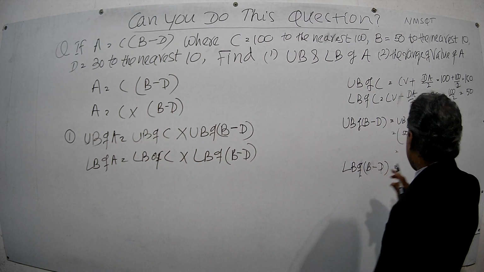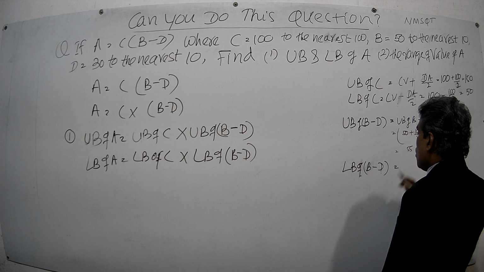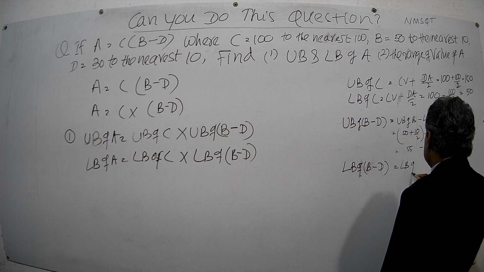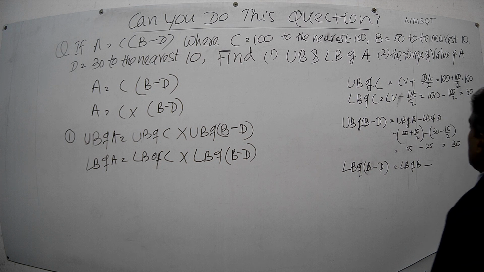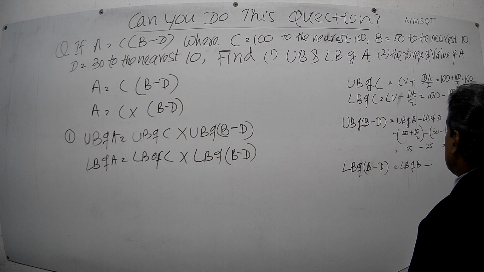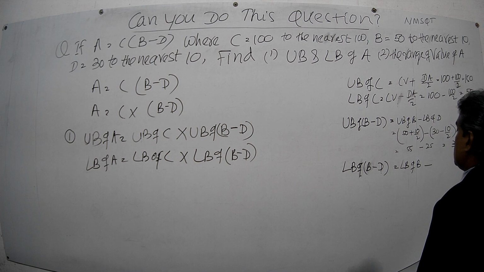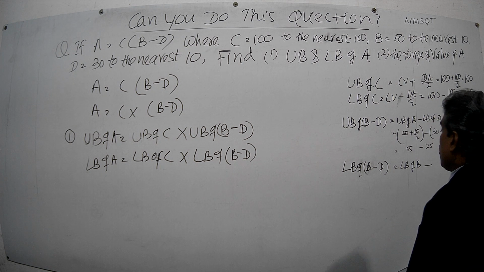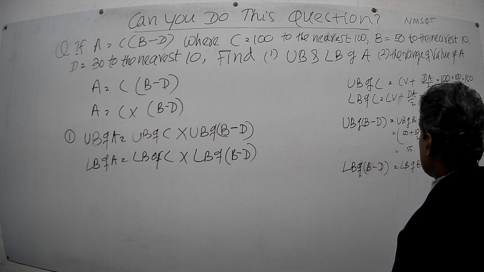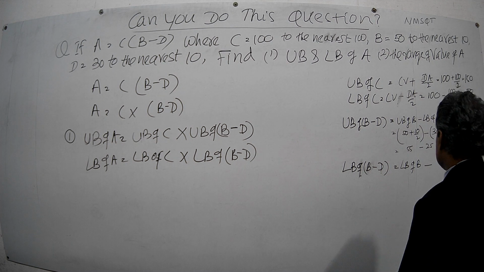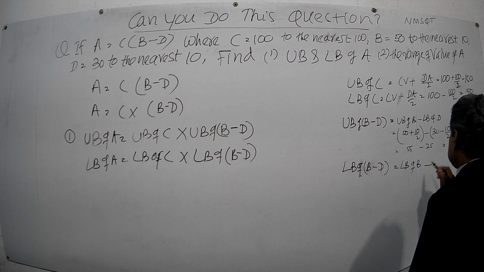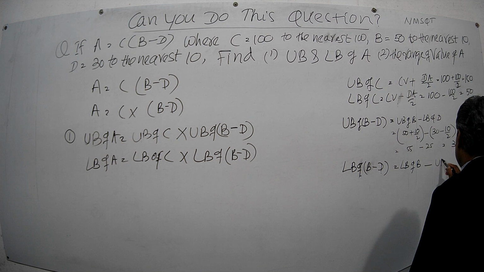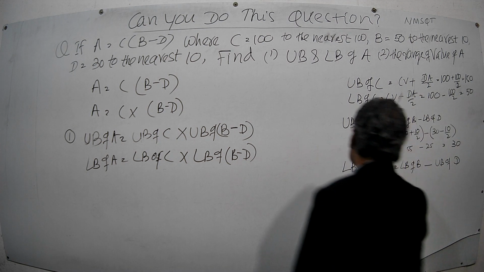Therefore, lower bound of B minus D equals lower bound of B minus upper bound of D. That is the formula for that.